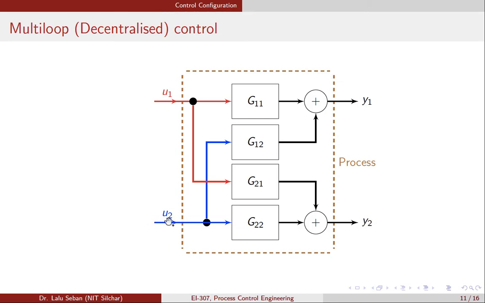That is, as I have discussed, the diagonal form of control. If the dedicated input for Y1 is U2, naturally the dedicated input for Y2 will be U1. We will call it off diagonal pairing. That means in decentralized control there is a pairing of output and input. So in this 2 by 2 process, instead of one controller there are two different controllers. One controller manipulating U1, another controller manipulating U2.